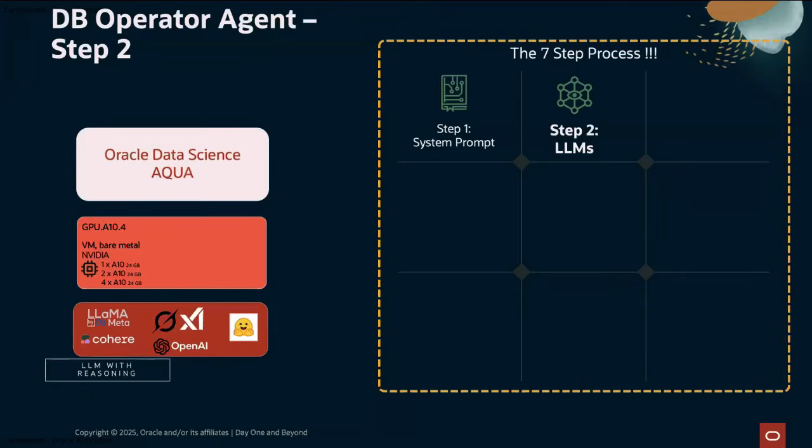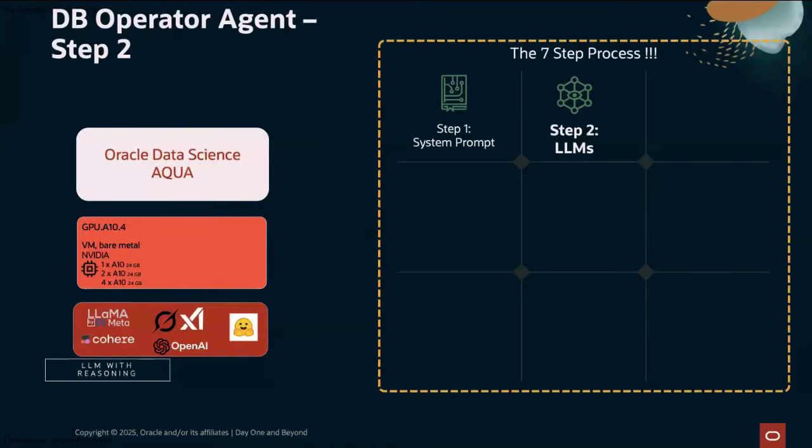We can also operate against the Meta models, the Meta Llama 3 models or the 4 models. And within Oracle, we provide you a managed service. So within the managed services, I can pick a model that really helps you to build this agent. We also give you options to bring your own model, from Hugging Face, or from your own fine-tuned model within your enterprise.